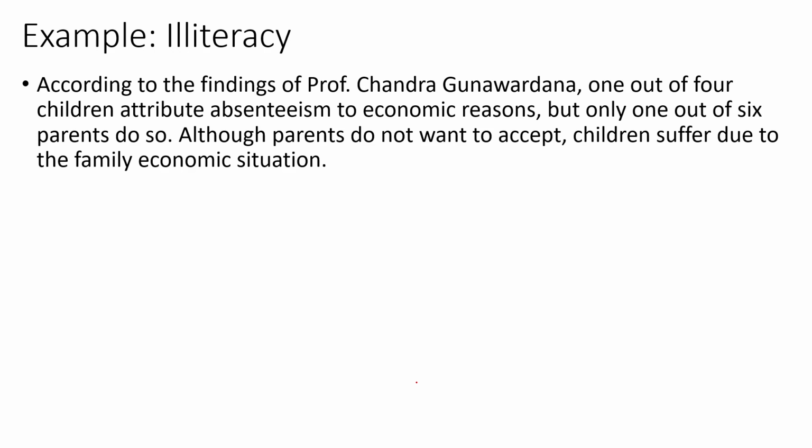See how the point has been very well established in this case. So, what is this saying? 1 out of 4 children think that they did not come to class because of money reasons. But only 1 out of 6 parents think it is because of money that the children are not sent to school. So therefore, the effect on children is larger than the effect on parents, right?